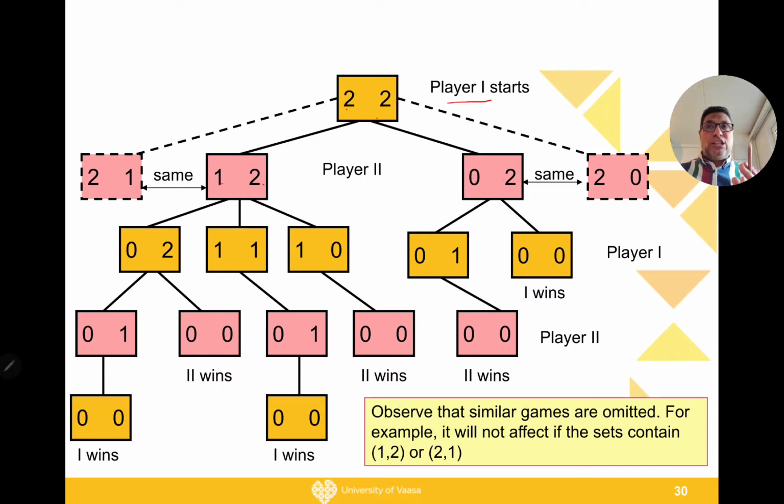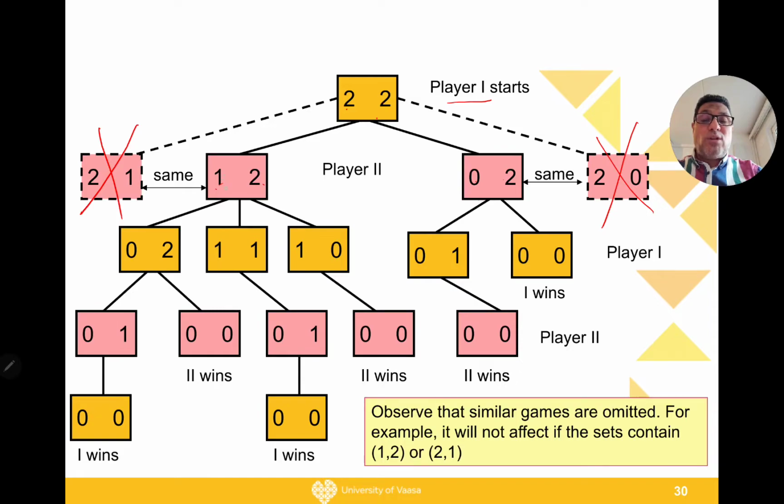It is A or B? In that sense, (1, 2) or (2, 1) is actually the same, and (0, 2) or (2, 0) is the same. For this reason we will not make these options. So there is no point in the location itself, and we will not go based on the location. So player 1, at the beginning, has only two strategies.